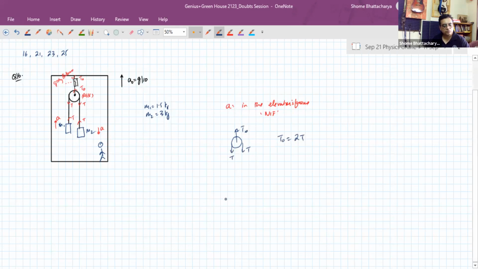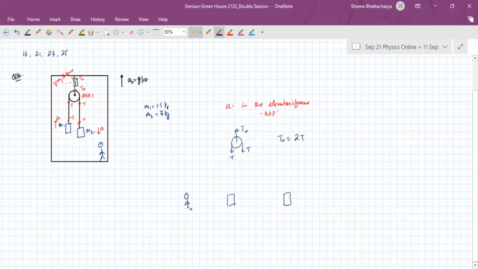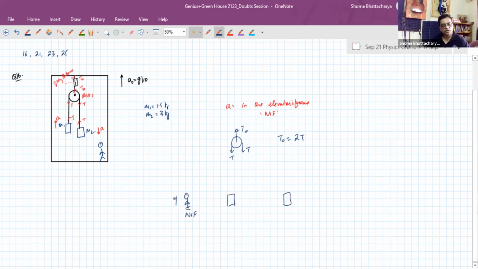Now let's make the free body diagram of each of the blocks. We'll make it in the non-inertial frame, which is going up with an acceleration A naught. So each of these will experience a pseudo force, which is opposite in direction. Apart from that, of course, there is the true weight M1G and M2G, and there is the same magnitude of tension acting upwards.